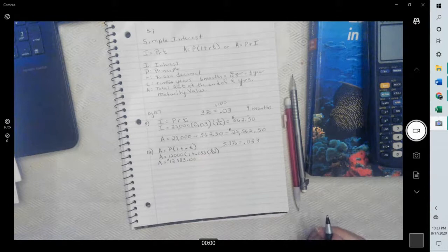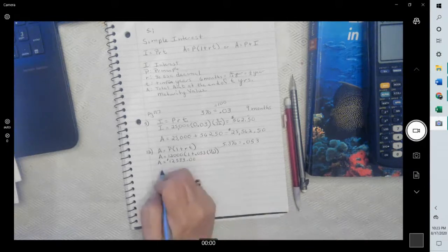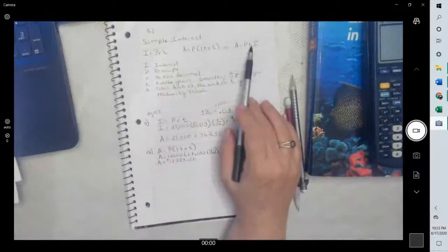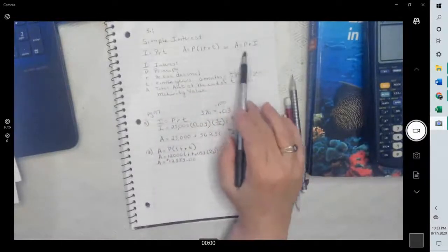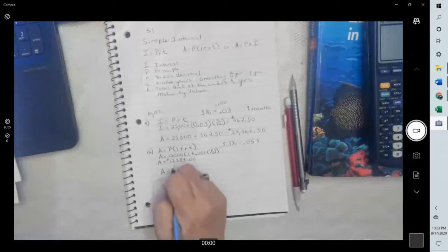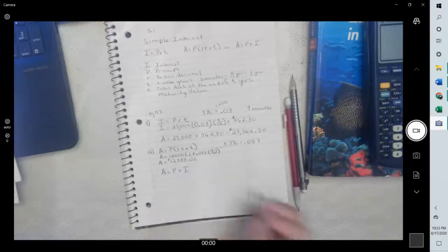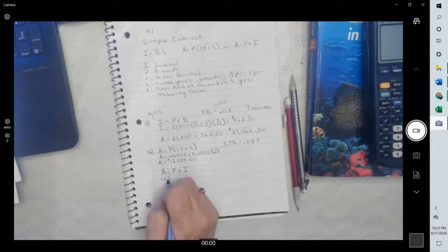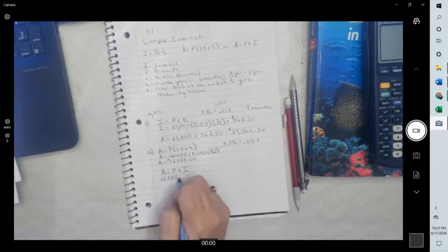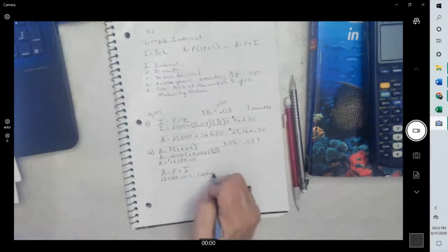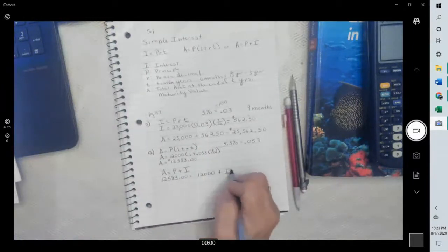It also asks for the interest. You could go back to the interest formula, or you can use this one, either one. If we use this, we know the total amount at the end, and we know we started with 12,000, and we're looking for our interest.